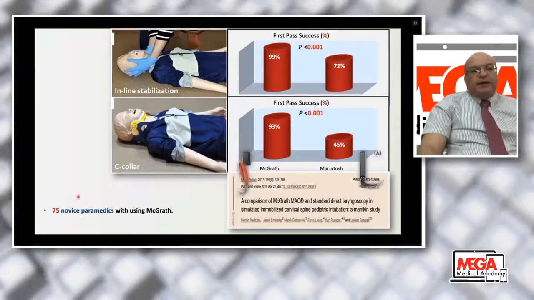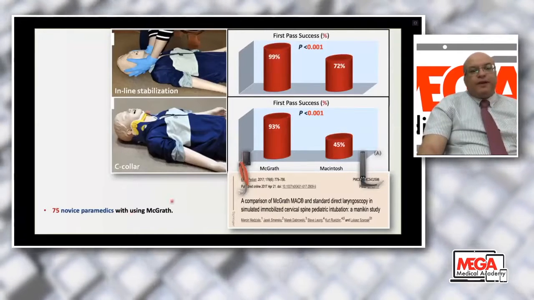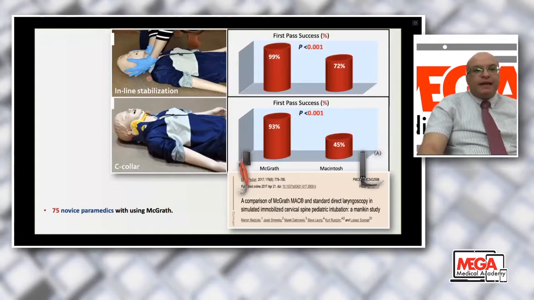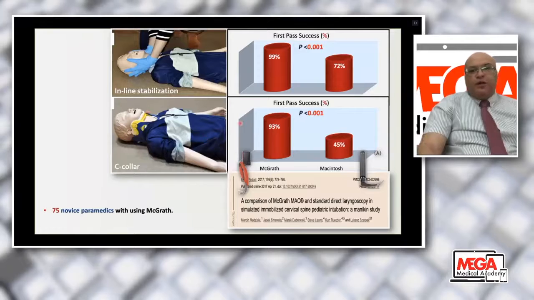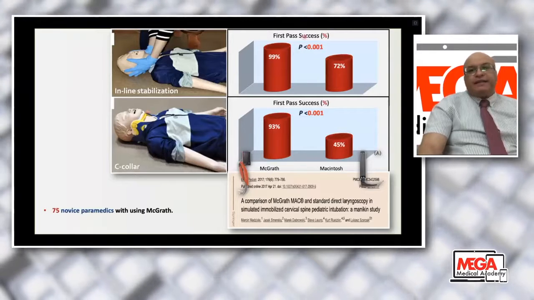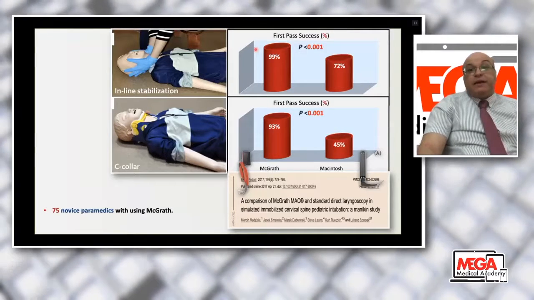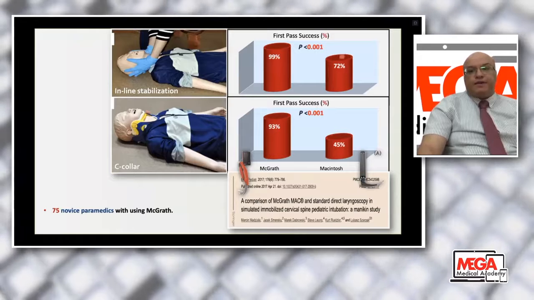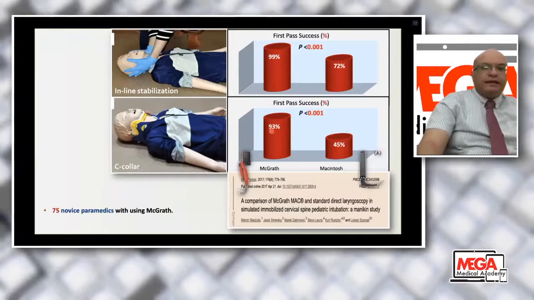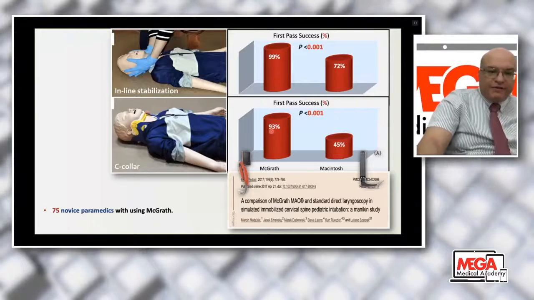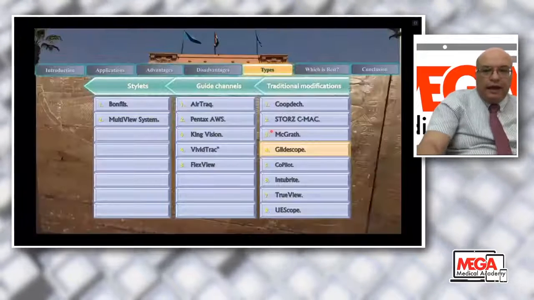There is a study including 75 novice paramedics using McGrath with inline stabilization in the mannequin or with the C collar. You can see the first pass success is 99% with McGrath compared with Macintosh and inline stabilization, and still high with 93% compared with 45% with C collar.